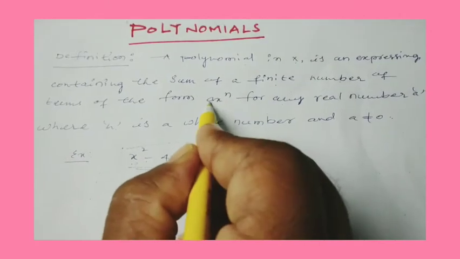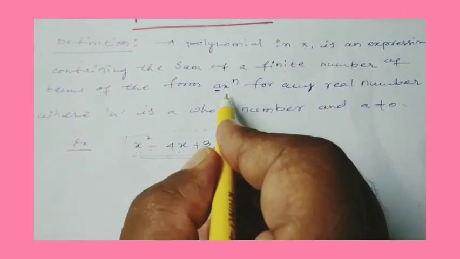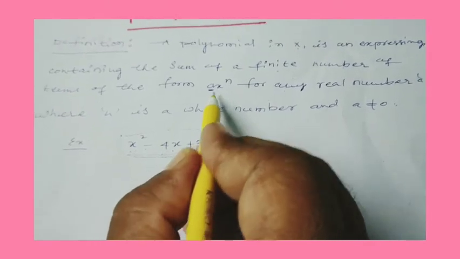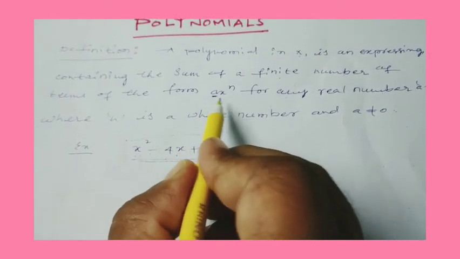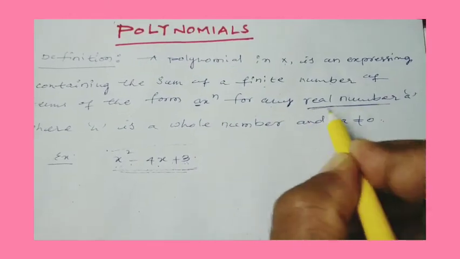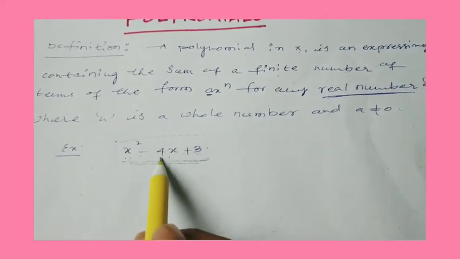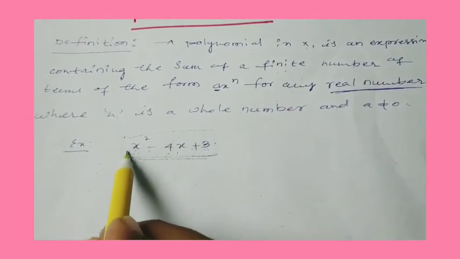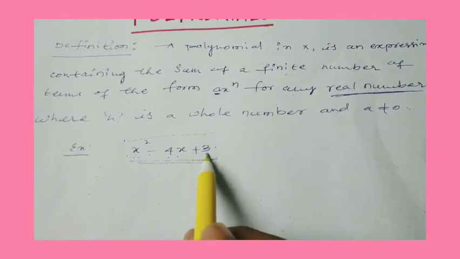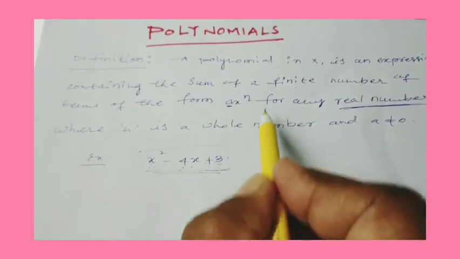Here what is a? Coefficient of x power n. It must be a real number. Yes, minus 4 is a real number. Coefficient of x square, 1, is a real number. Constant term 3 is a real number. And n is a whole number.